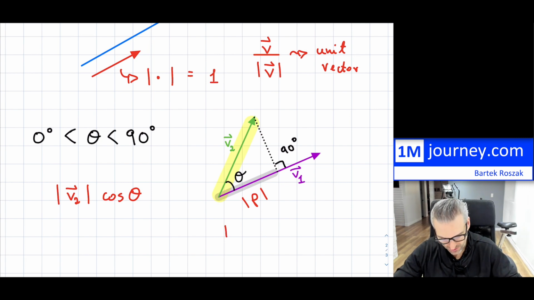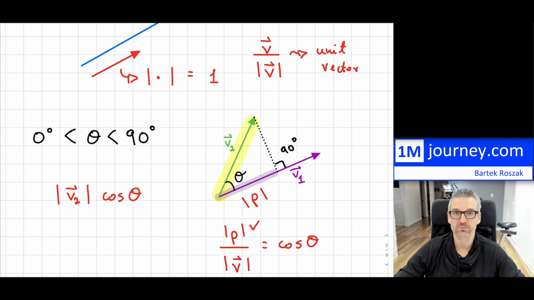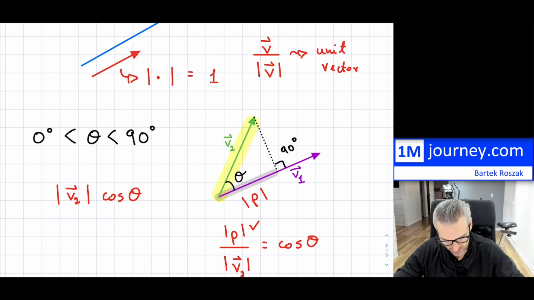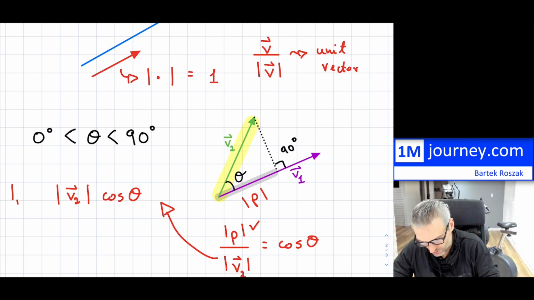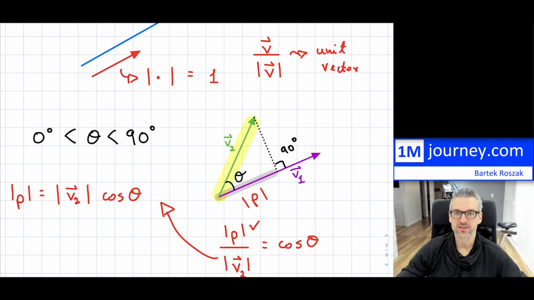So if you're thinking about this, this is my adjacent, my hypotenuse is this right there, and adjacent over hypotenuse is just cos theta. And of course, if you isolate for the magnitude of that projection P, the magnitude of v2, I apologize, is going to go up on top there, and you're going to get exactly this. So that is the magnitude of your projection. So your projection, which I'm going to be calling P, is equal to this.